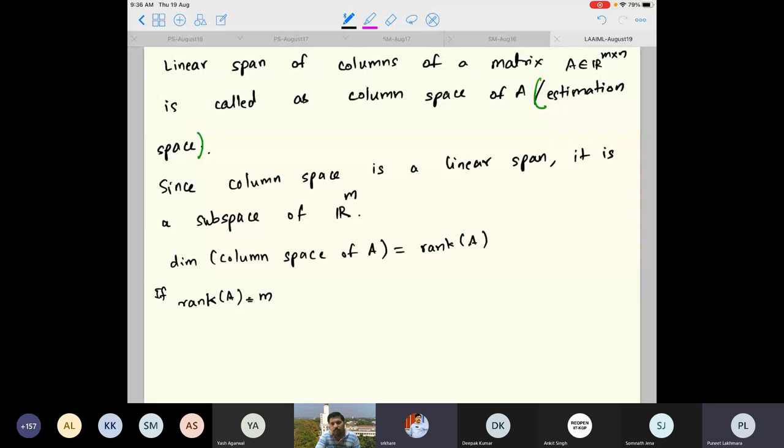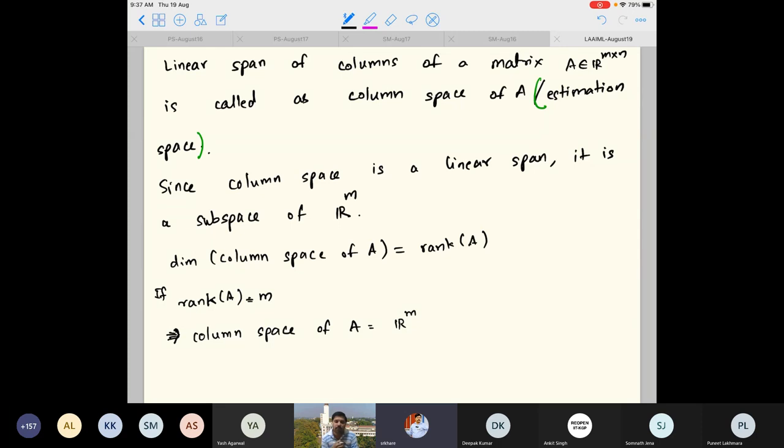It will span the entire space. So first we'll go step by step. Rank of A is equal to m means that the column space of A is actually equal to Rm. Do you understand that? I think we had proved a similar theorem: if you have a subspace of dimension equal to the parent vector space, then that subspace is actually the parent vector space. So the column space of A will actually be equal to Rm.